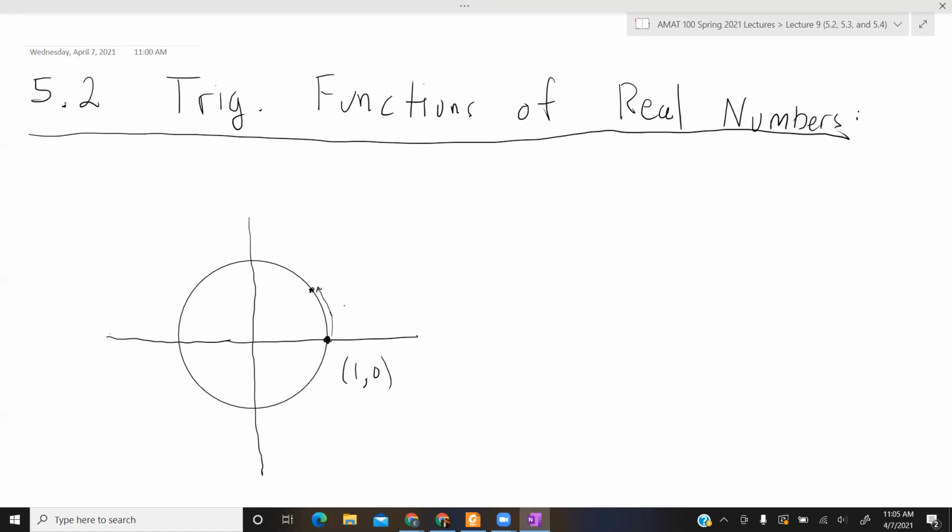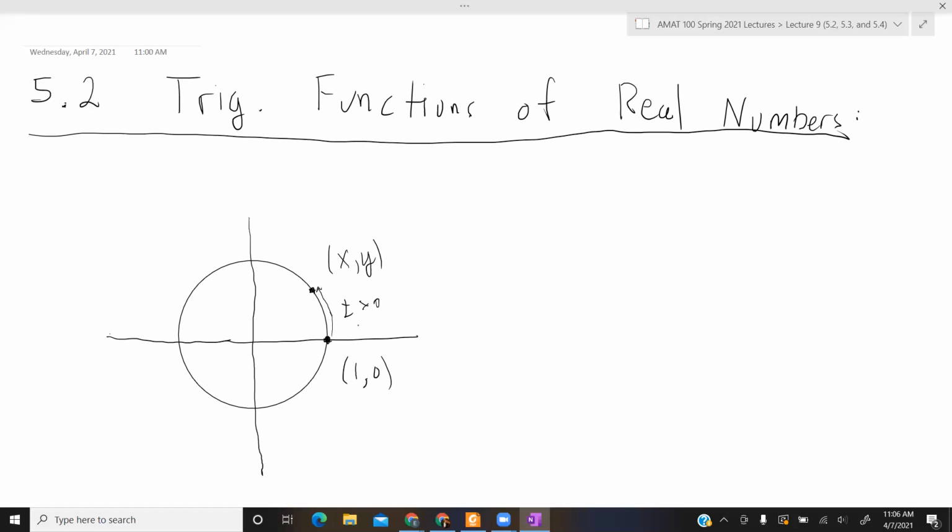And so if you travel some distance, then maybe this distance is t, in this case, we're looking at positive numbers. You land on the point, but then you can go back to thinking about the circle as living on the plane, and there's a correspondence between this point viewed as a point in the circle, but then in the greater picture viewed as a point in the plane.